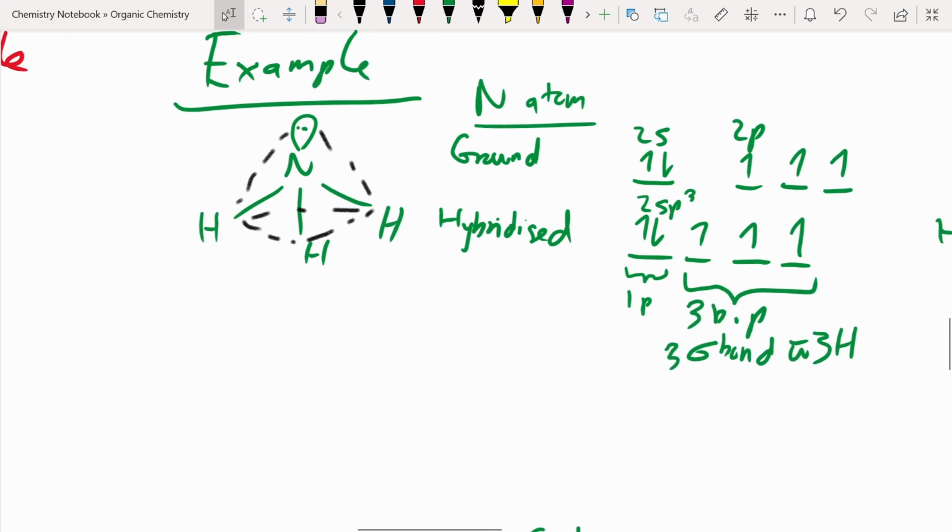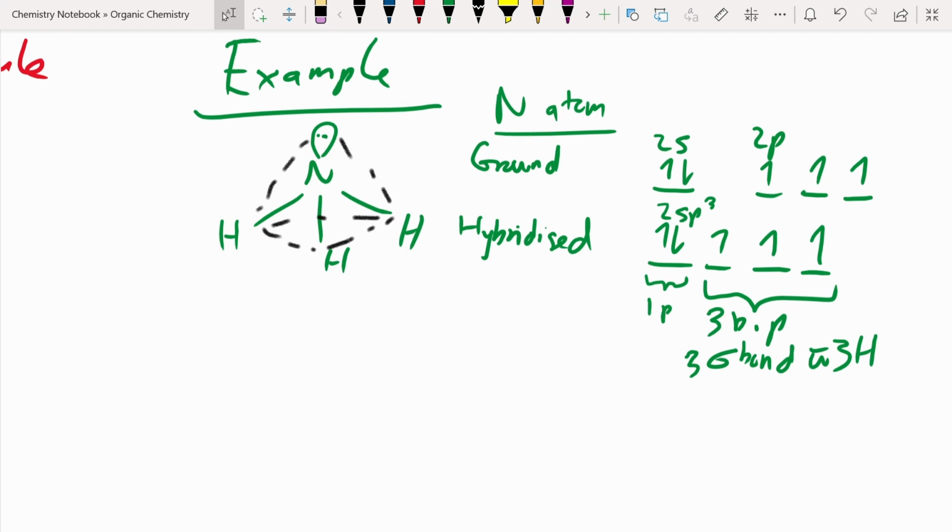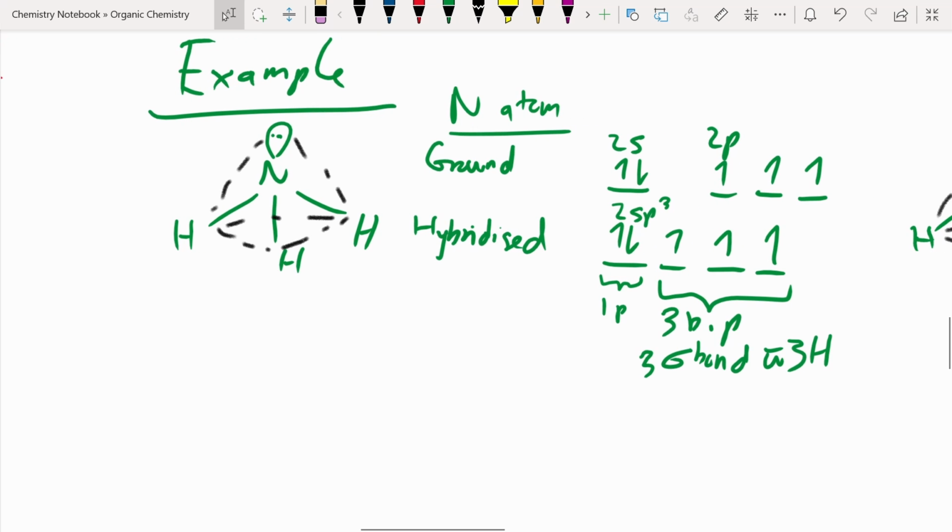So as long as you see molecules that have the electron pairs in a tetrahedral arrangement, the one lone pair and the 3 bond pairs, then you will know that you need to hybridize your atomic orbitals to make them sp3 hybridized orbitals. Okay.